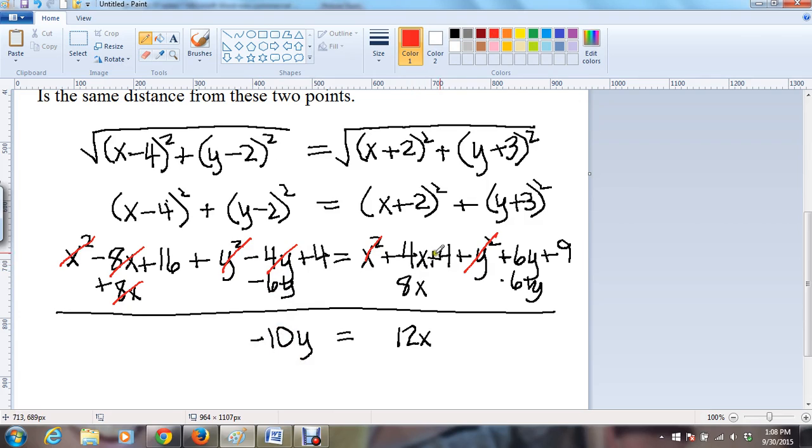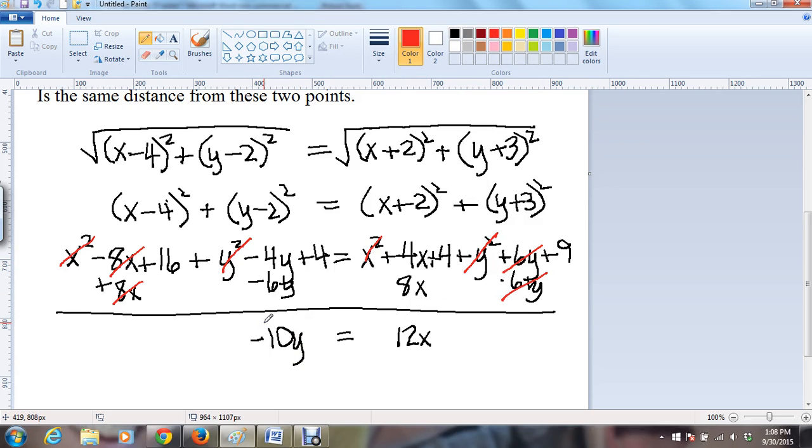Well, that doesn't really cancel, but hang on. Okay. So yeah, that's negative 10y over here and then over here. Okay. So these cancel. Right.